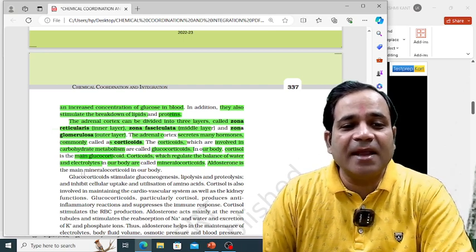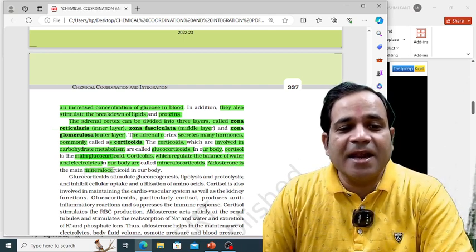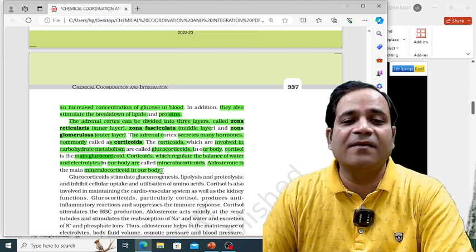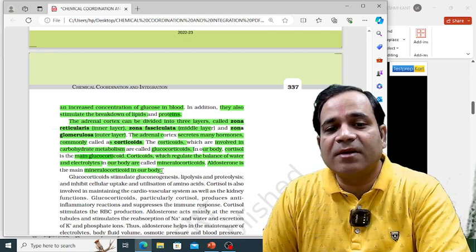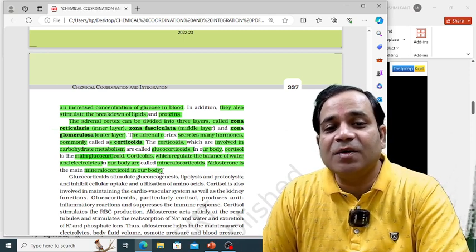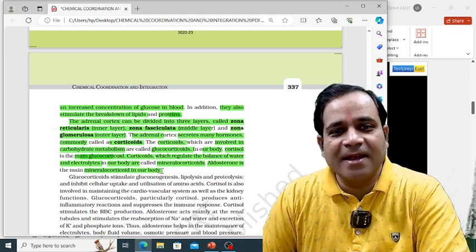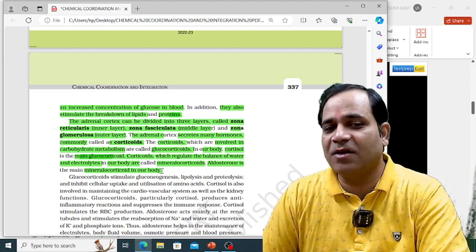Aldosterone is the main mineralocorticoid in our body. If anybody asks you which one is the main mineralocorticoid in our body, you say aldosterone.